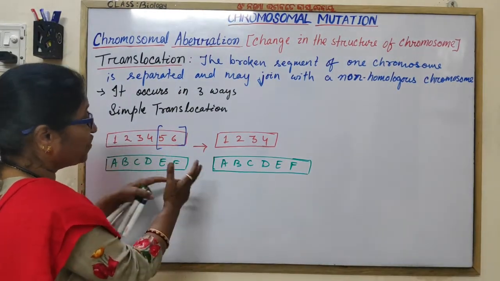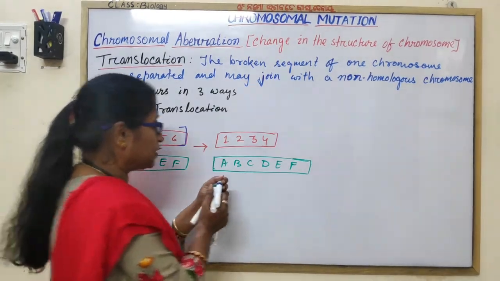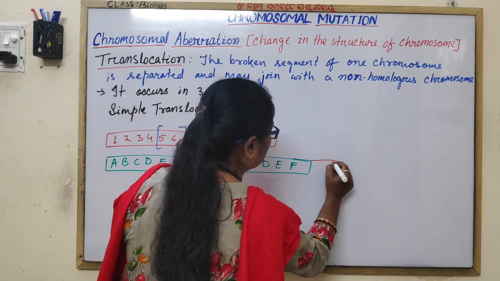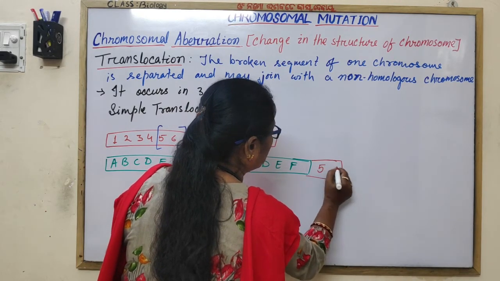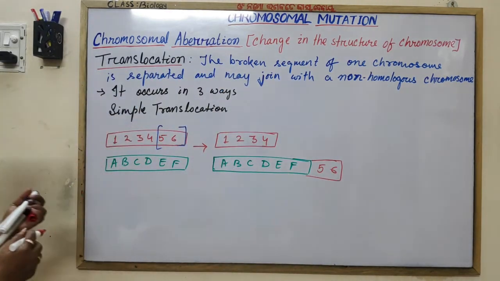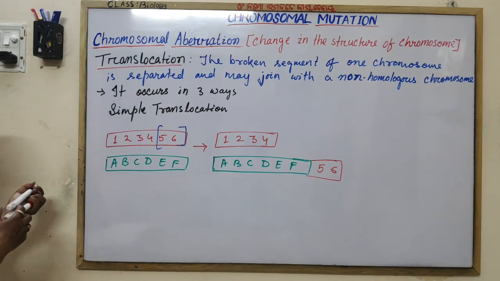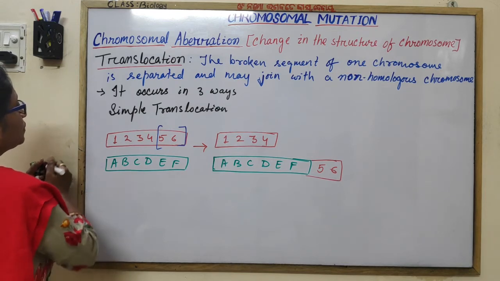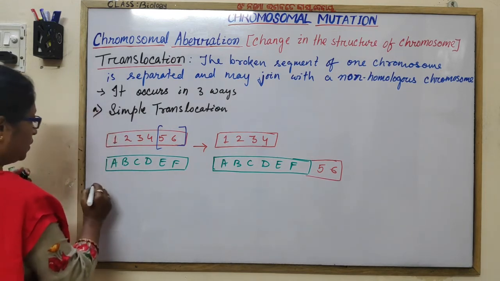I have shown you differently. These 2 are non-homologous, and here 5, 6. This is called simple translocation. Okay, this is one type.